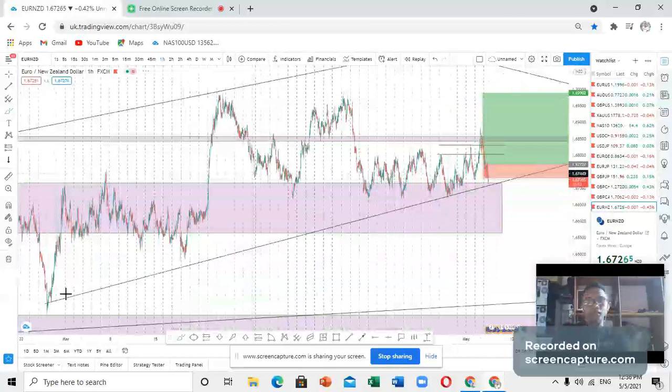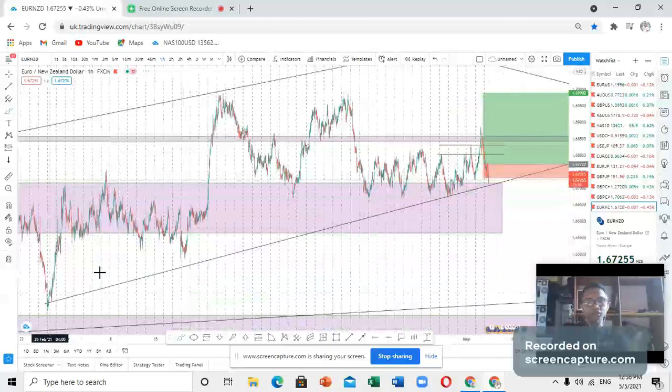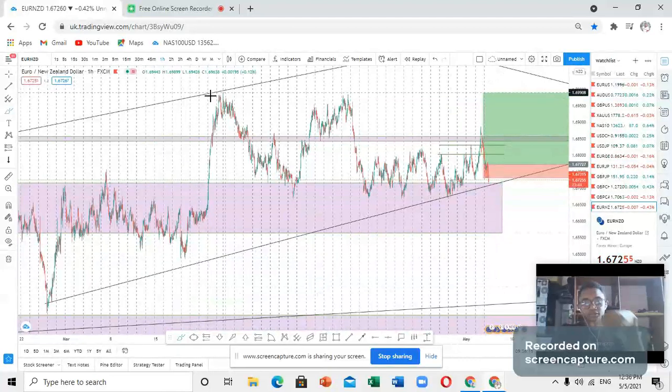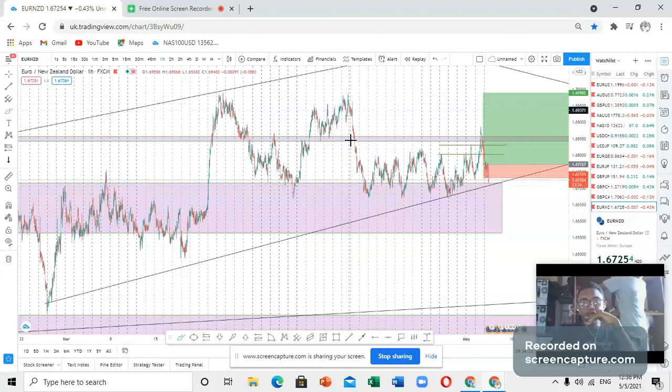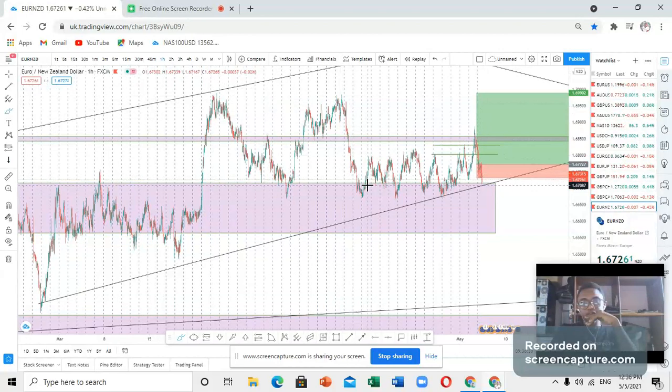So you can see that we had a touch to the downside, second touch to the downside, then we had a touch to the upside again, then a touch to the upside again, moved to this point of support here, then it moved to the upside again. Then after breaking out of this position, it went to the downside and had some small consolidation.